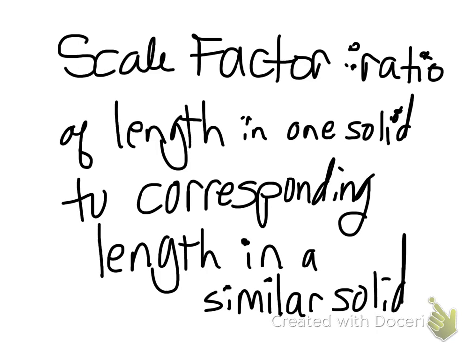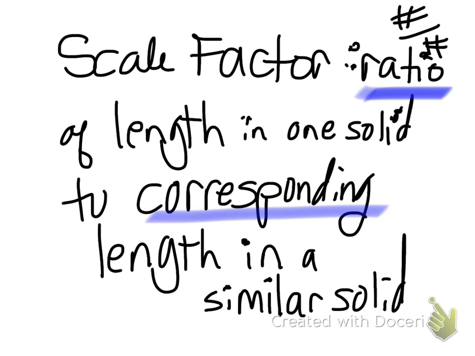So we're just looking at a ratio. Remember, a ratio is just a number over a number of the length in one solid to the corresponding length in a similar solid. Okay, so we need to know that the shape is similar. We need to see the similar symbol. And we need to know it's in the corresponding part, right?